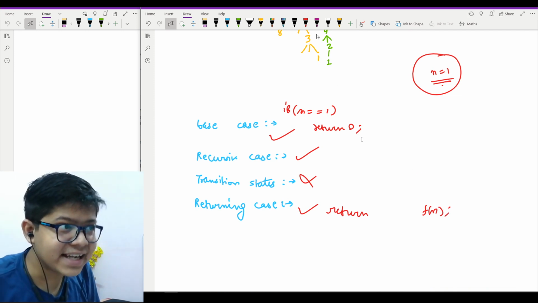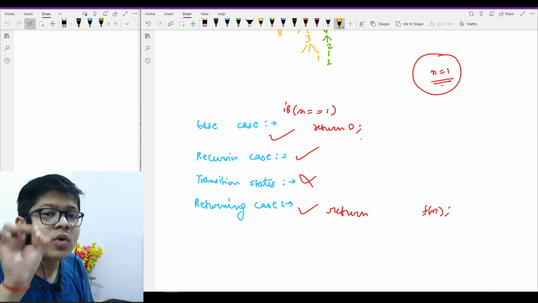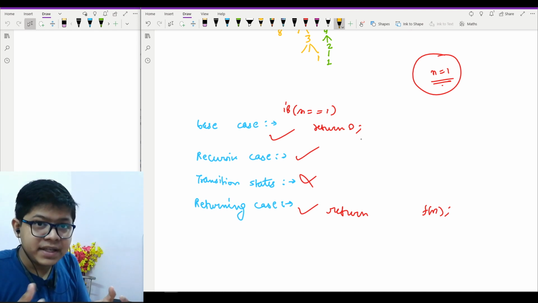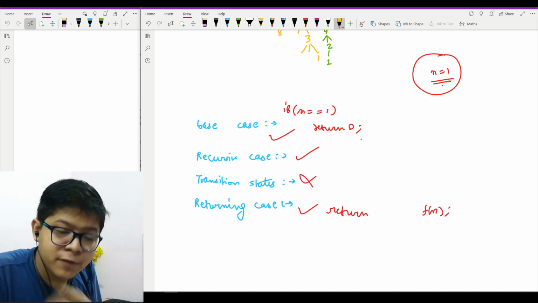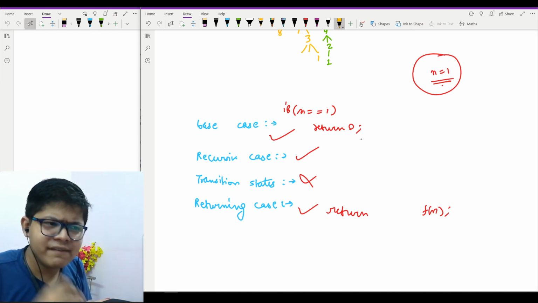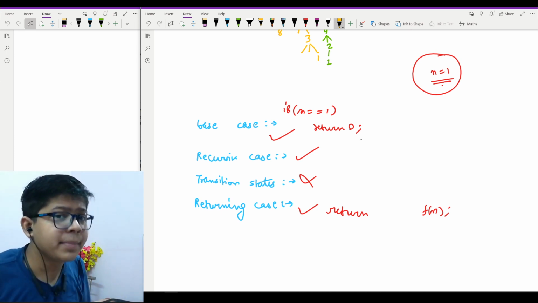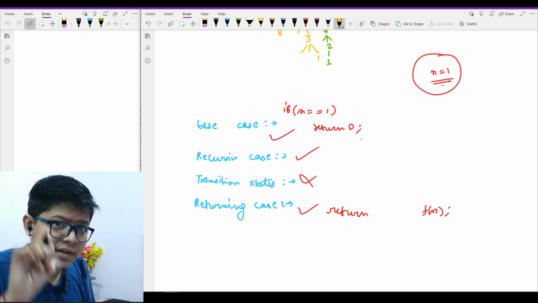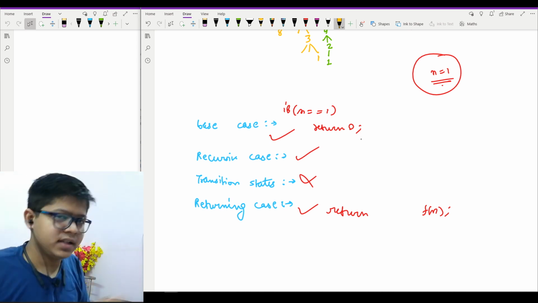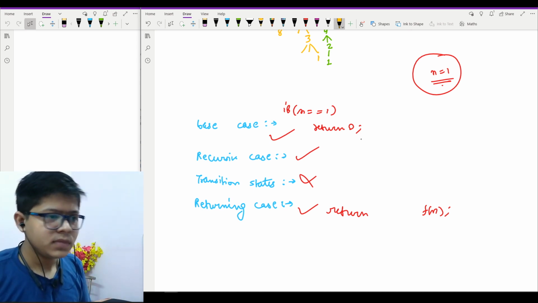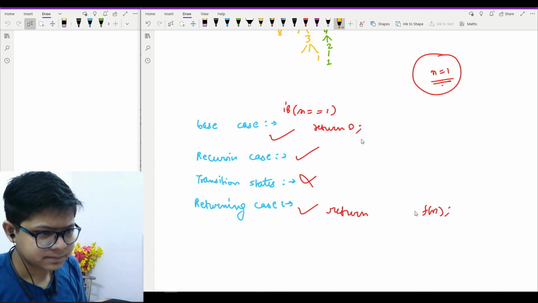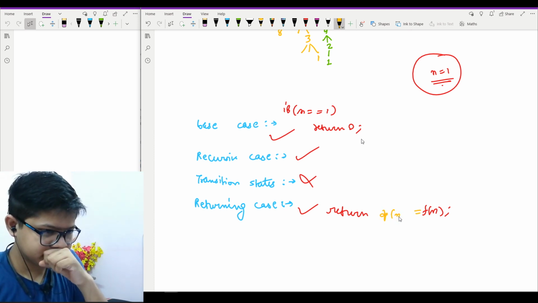But as I said, I need a dp to store that value for f of n. So I will make a dp array, or you can say a vector or a map, which will have a size more than n, like n plus 1, and that will store its answer.